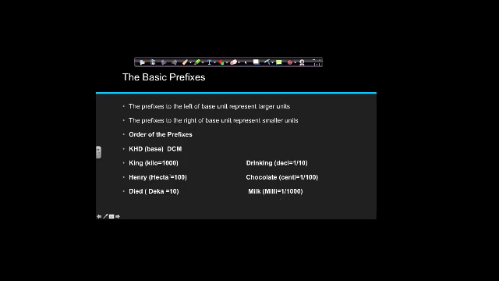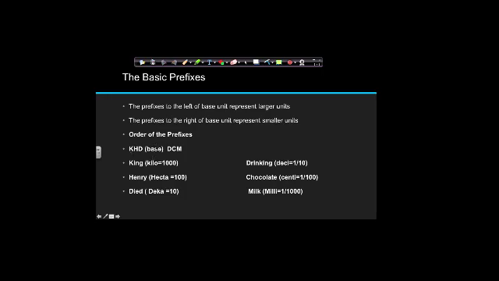And here is what each of the prefixes means. Kilo is equal to 1,000, hecta is equal to 100, deca is 10, deci is 1/10, centi is 1 out of 100, milli is 1 out of 1,000. Basically, the prefixes to the left of the base unit represent larger units. So everything to the left is larger than whatever your base unit is, whether the gram, the meter, or the liter.